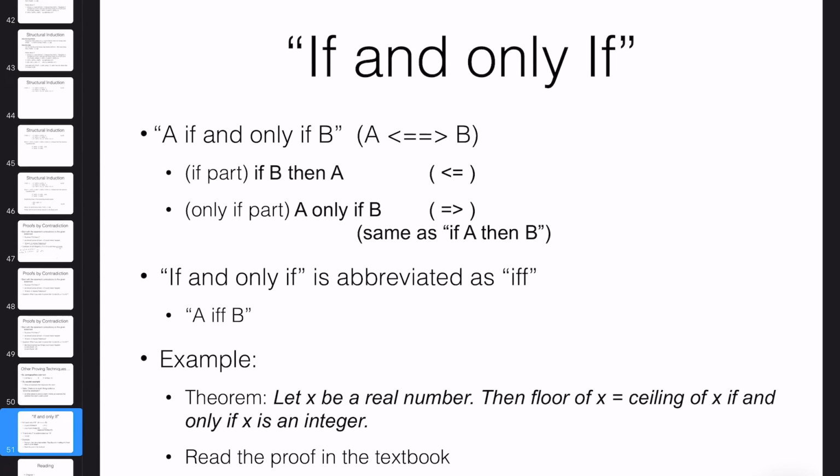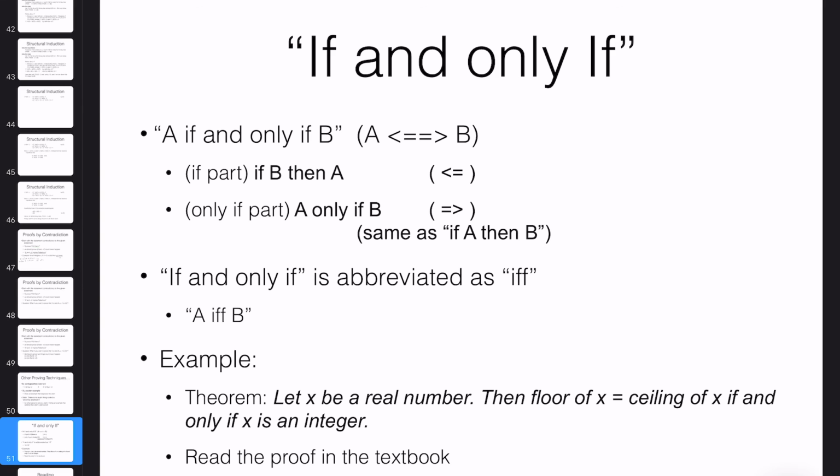Okay, I'm going to just finish this lecture. The last thing that is probably good to write is if and only if. So far, all the theorems that we have seen were in the form of if H then C. From the hypothesis, you reach the conclusion.